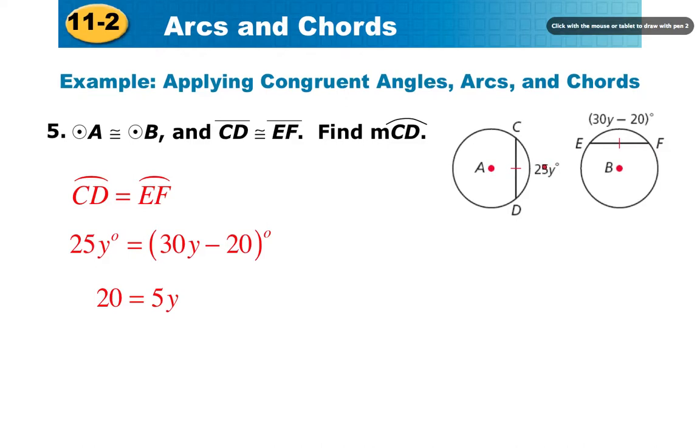Subtract 25y from both sides, add 20, and this is how we get 20 equals 5y. Divide both sides by 5, and then at this point, all I need to do is find the measurement of CD, which is equal to 25 times 4, which is equal to 100 degrees.